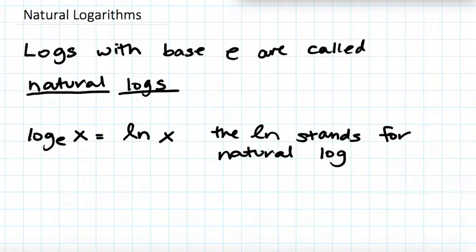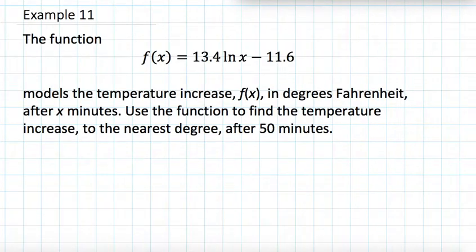So we're going to look at example 11. And this is an example of a function that's written with the natural log. We have the function f of x equals 13.4 times ln of x minus 11.6, which models the temperature increase f of x in degrees Fahrenheit after x minutes. Use the function to find the temperature increase to the nearest degree after 50 minutes.